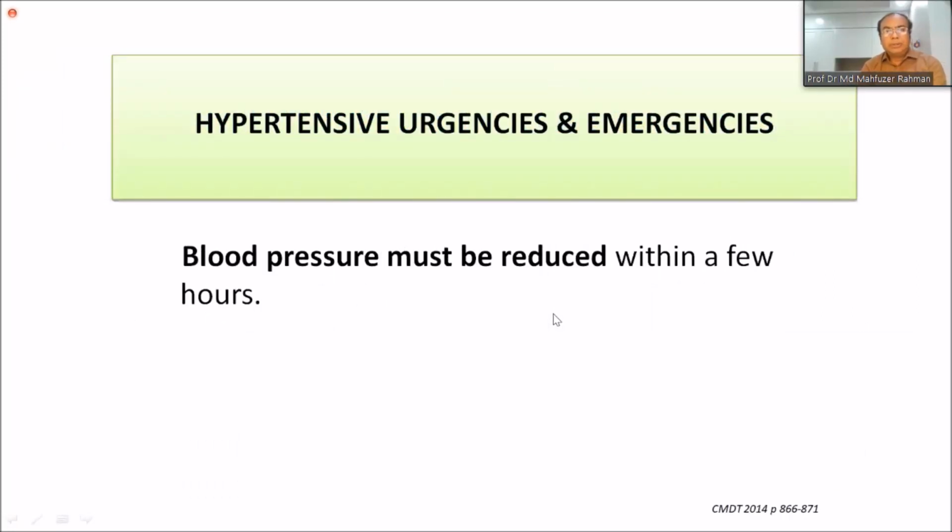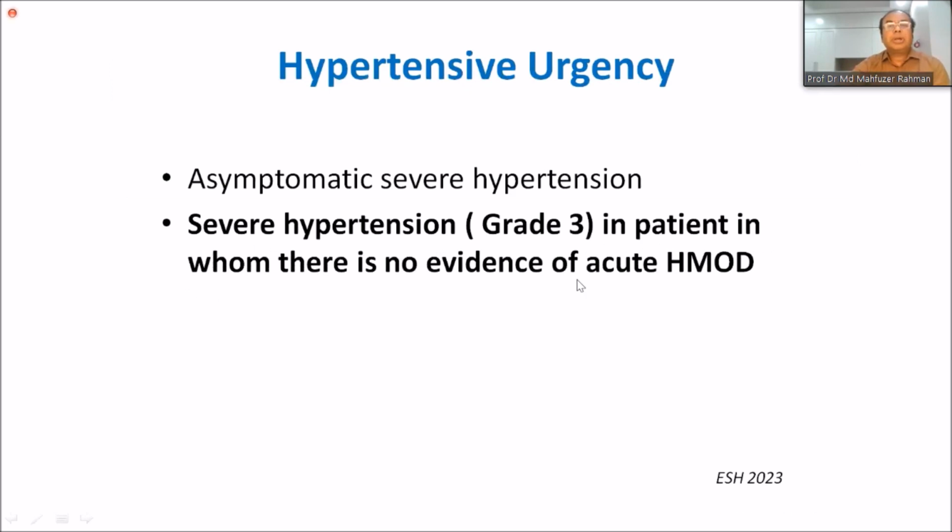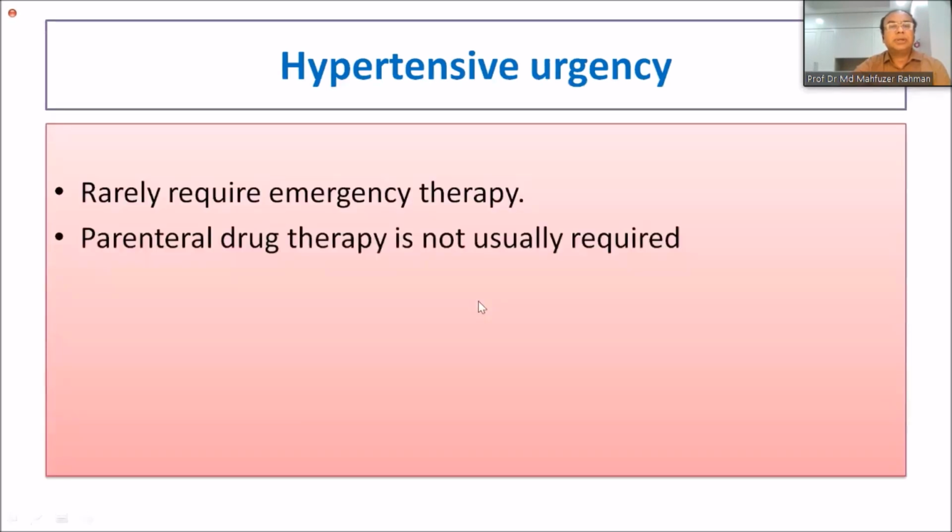You know the hypertensive urgencies and emergencies. Blood pressure must be reduced within a few hours. This is very important. In hypertensive urgency, there is asymptomatic severe hypertension, that is grade 3, in a patient with no evidence of hypertension-mediated organ damage. There is severe hypertension, but there is no target organ damage.